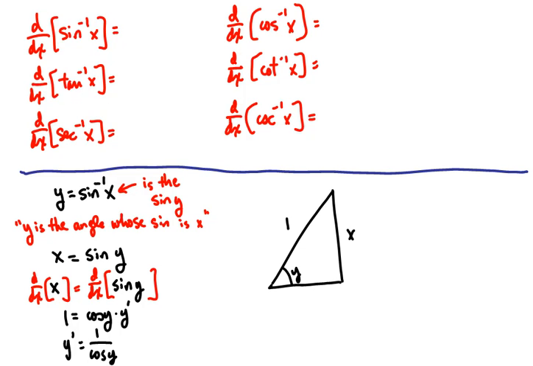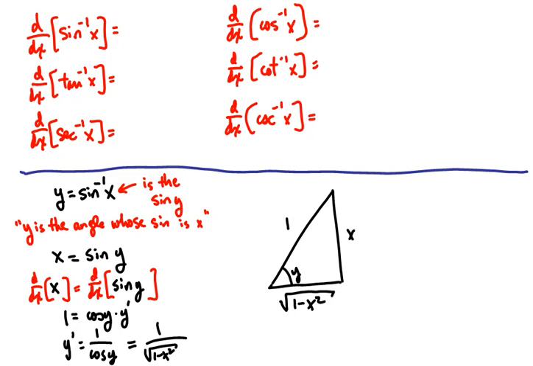Then from the Pythagorean theorem, the adjacent side of that triangle, the side adjacent to y, is the square root of 1 minus x squared. Now the cosine of y is the side adjacent to y over the hypotenuse, and so that is just the square root of 1 minus x squared.